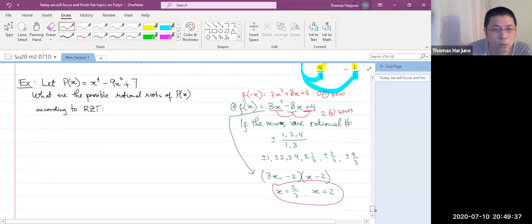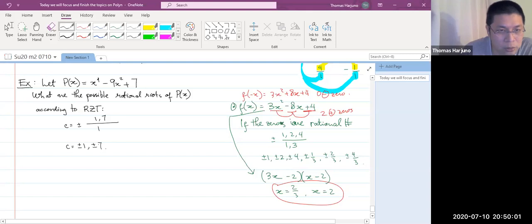The possible roots are c equals plus or minus the factors of 7, which are 1 and 7, over the factors of 1, which is 1. So it's either plus or minus 1 or plus or minus 7. If it is a rational root, then it will be plus or minus 1 or plus or minus 7.